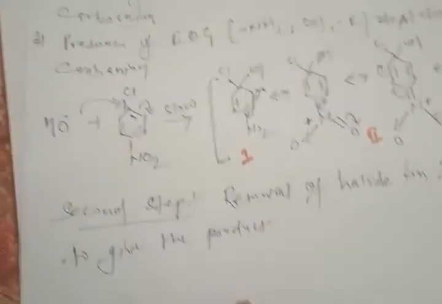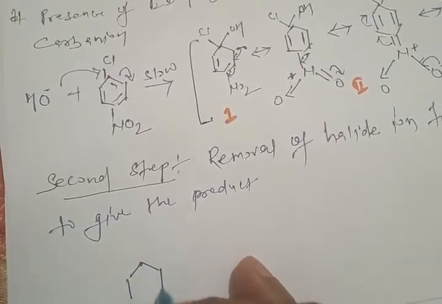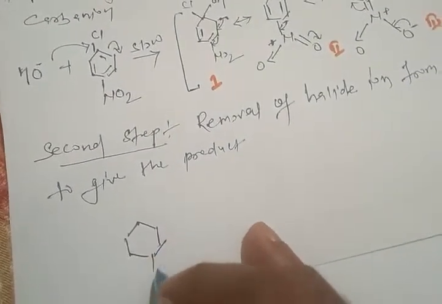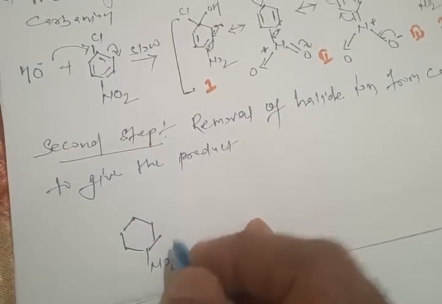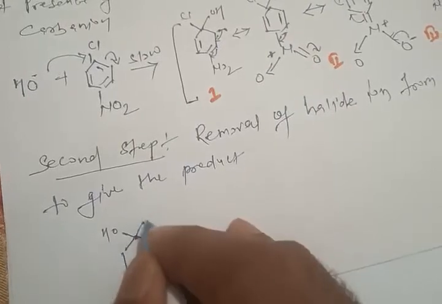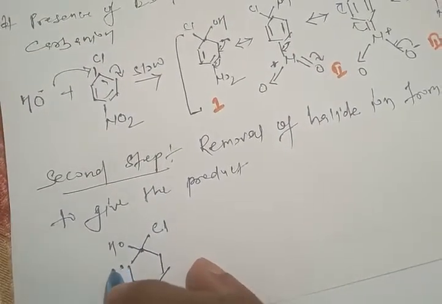So in that step what will happen? This is the NO2. Point to be noted, without presence of NO2 this will not be possible. Okay, so you have to go for the presence of NO2. So this is the negative charge. Okay, this is the final.